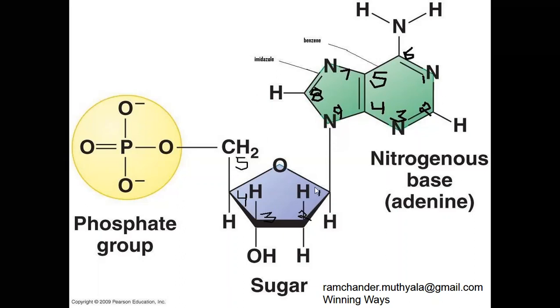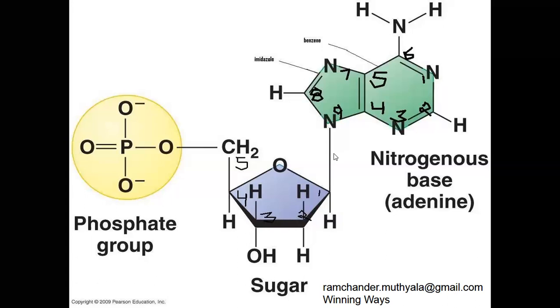If the sugar molecules are connected with the pyrimidines with a glycosidic bond, that glycosidic bond is called the C1N1 glycosidic bond. See on this diagram, it is the deoxyribose sugar connected with the purine adenine with a glycosidic bond, which we call the C1N9 glycosidic bond.